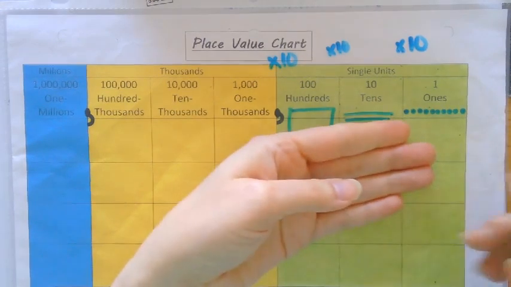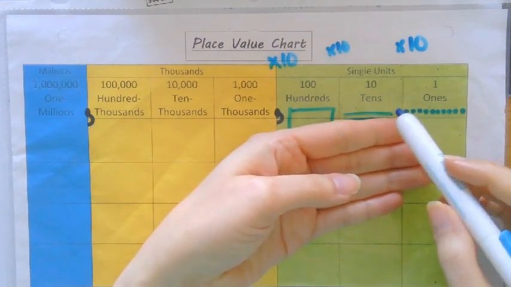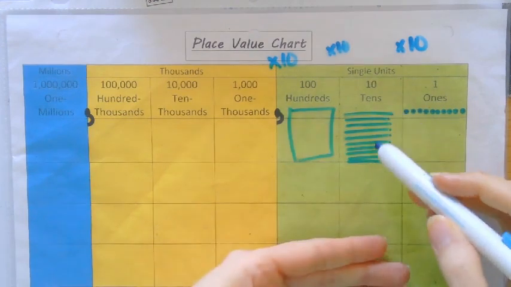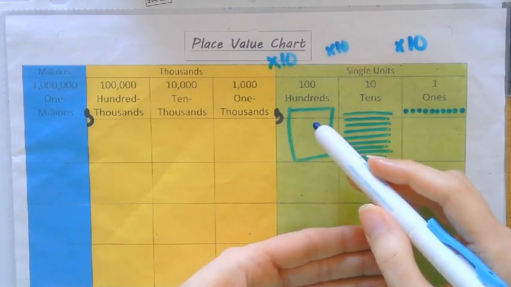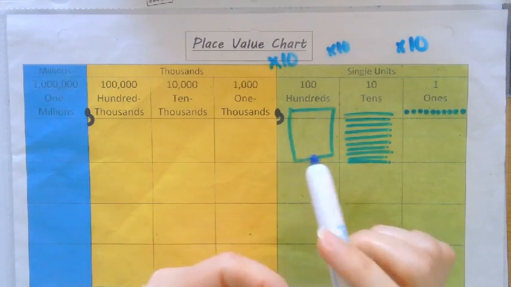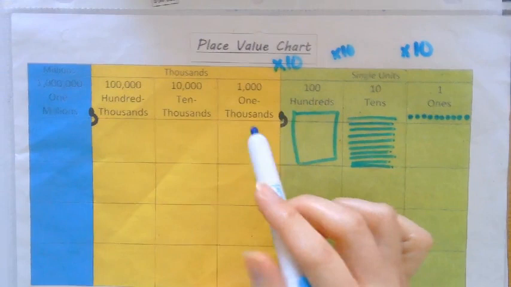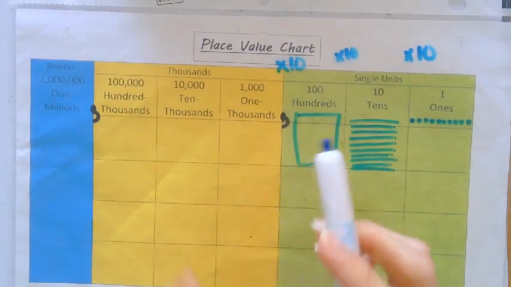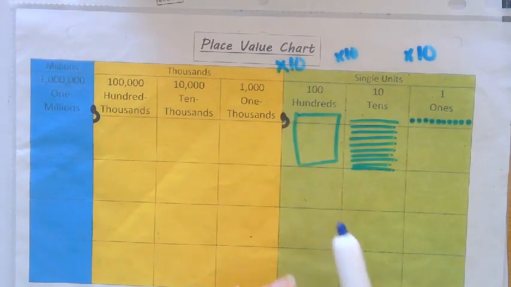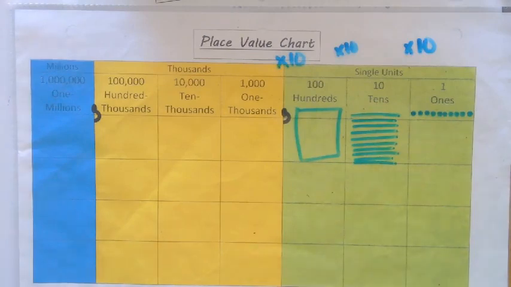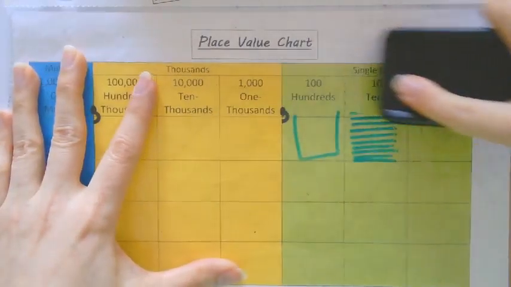I should have said that a little bit differently. 10 ones equals 1 ten. 10 tens equals 1 hundred. I do not want to draw out 10 of these rectangles, but you know that 10 of these would equal 1,000.